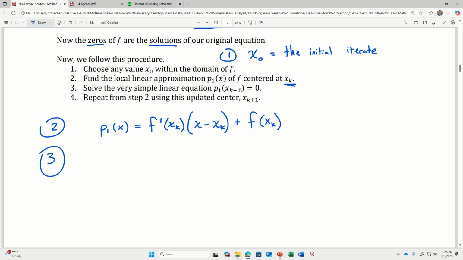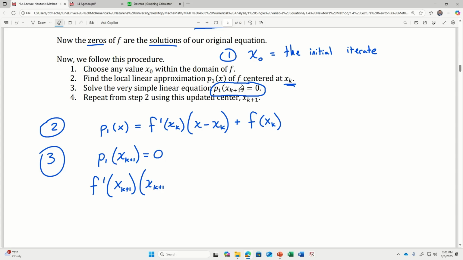Step number 3, we're going to take P1 of x subscript k plus 1, and set that equal to 0. So that means taking f prime of xk times, oh sorry, I messed up.